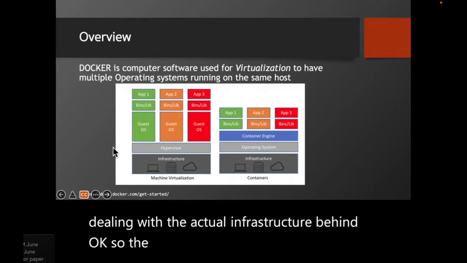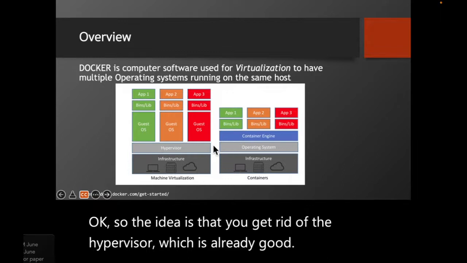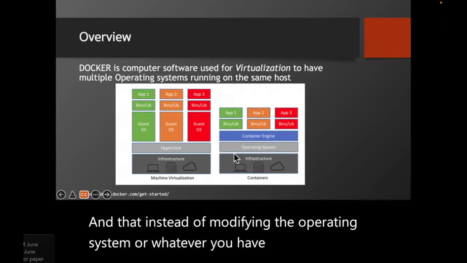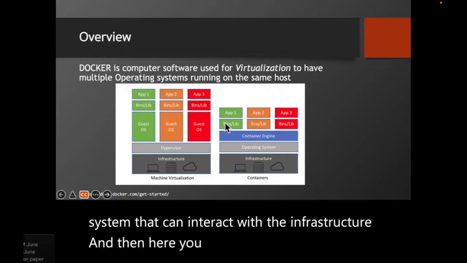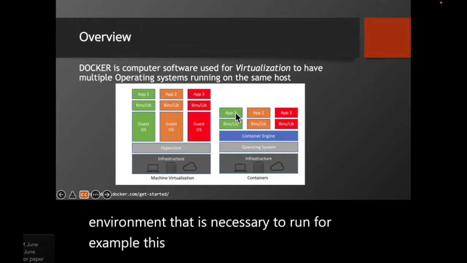Okay, so the idea is that you get rid of the hypervisor, which is already good, and that instead of modifying the operating system, you have the operating system that can interact with the infrastructure. And then here you will have the embedded environment that is necessary to run, for example, this application.